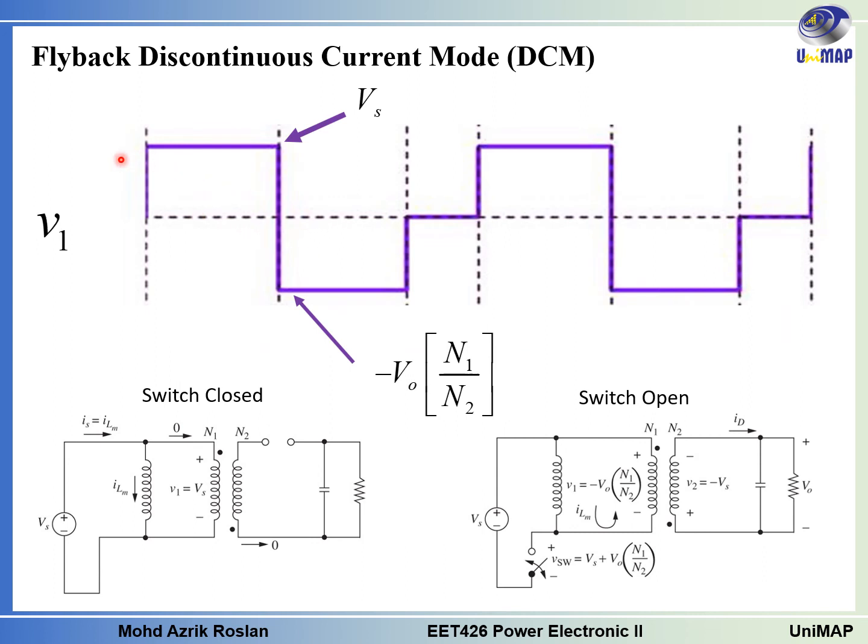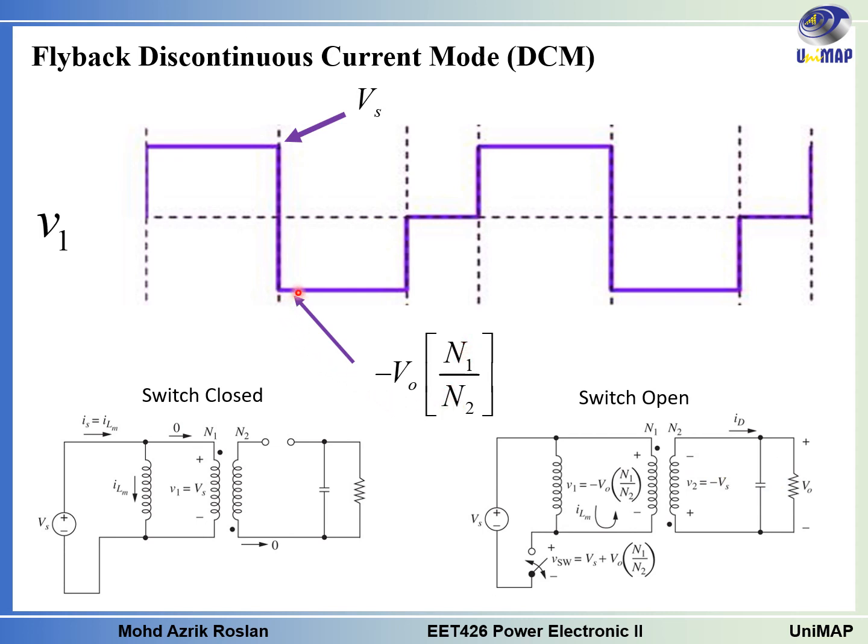Now we continue with the V1. V1 is the voltage across the primary winding. We know that during the switch close, it will be the same as the Vs because it's connected to the Vs. During the switch open time, this value of voltage will come from this side. It is the value of negative V out multiplied by N1 over N2. So this winding will experience the voltage negative V out multiplied by N1 over N2.